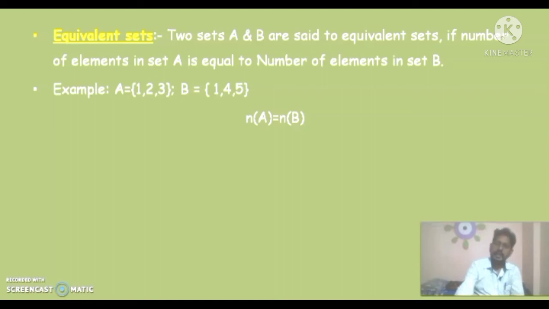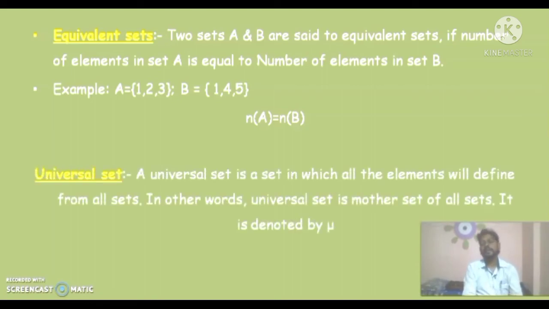And finally, in this session, we are going to discuss the universal set. So what is a universal set? The word universe means total. In a universal set, all the elements are defined from all sets. If A is derived, B is derived, C is derived, every set is a subset of the universal set.